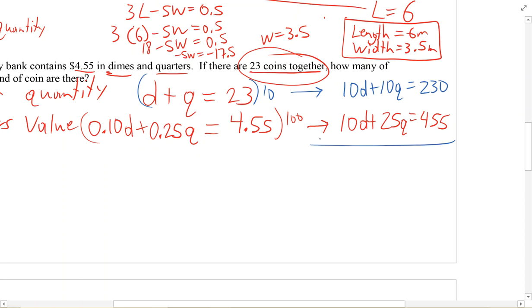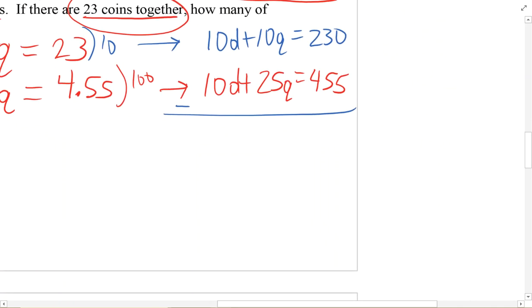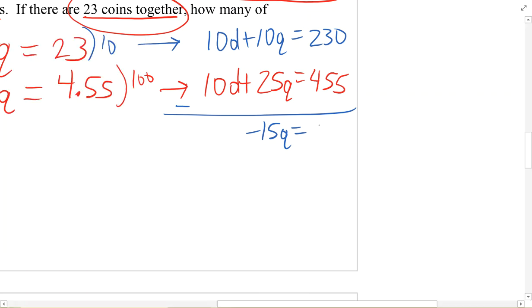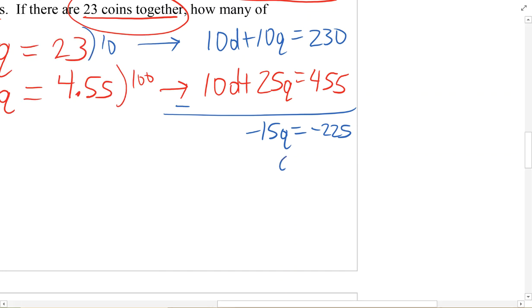Subtract. Good. Go ahead, do a subtraction. So remember, I told you often you get two negative answers, which is fine, because then when you divide the negative by the negative, you get a positive result. Okay.